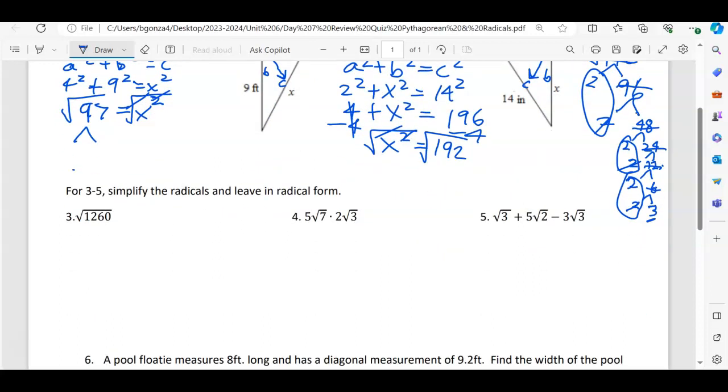But 3, 4, and 5. Let's do some radical stuff. Okay. 1260. Okay, 2 times 630. 2 times 315. 3 times 105. 3 times 35.